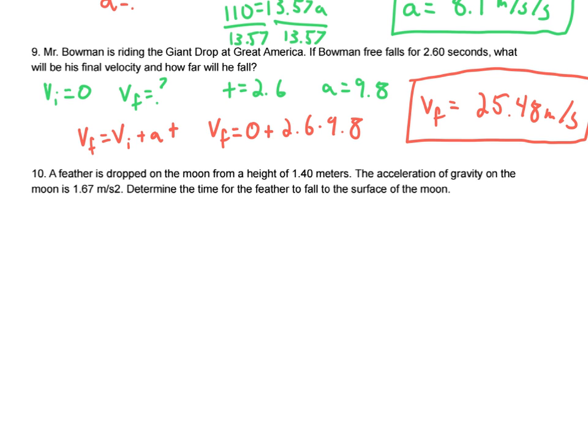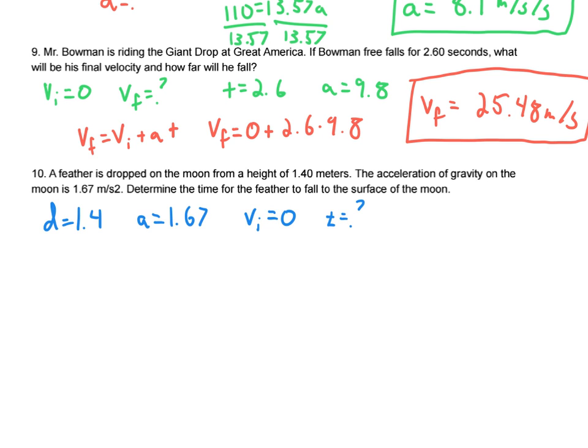All right, a feather is dropped on the moon from a height, so our distance equals 1.4 meters. The acceleration of gravity on the moon is 1.67 meters per second squared. If it's dropped, again, we can assume the initial velocity is 0, and we're just trying to figure out the time here.